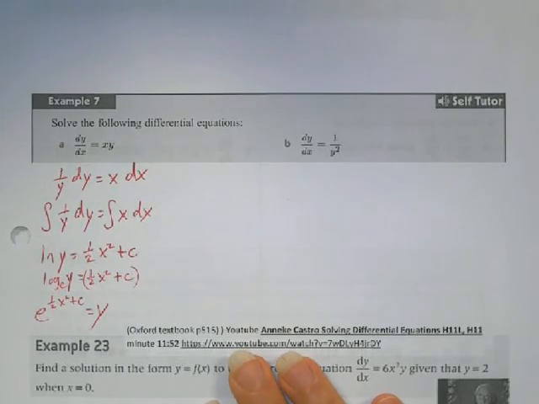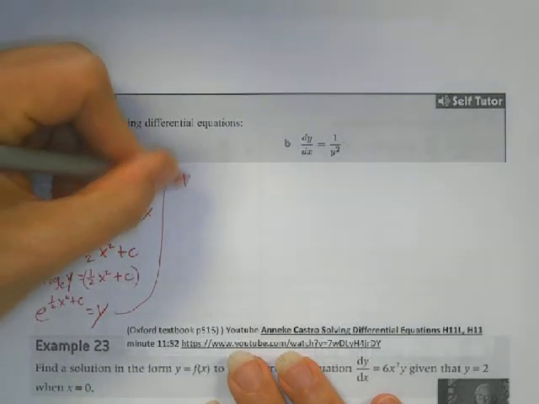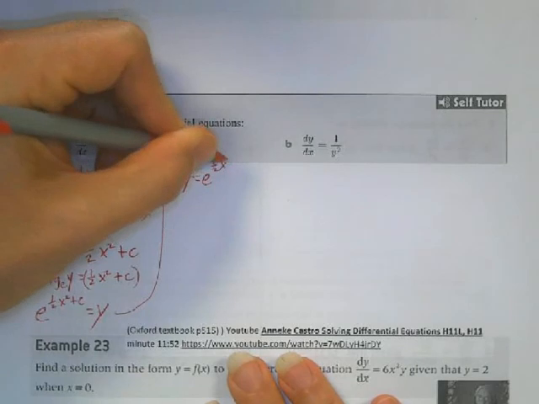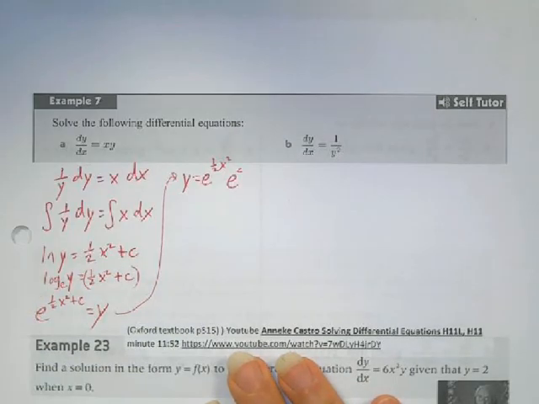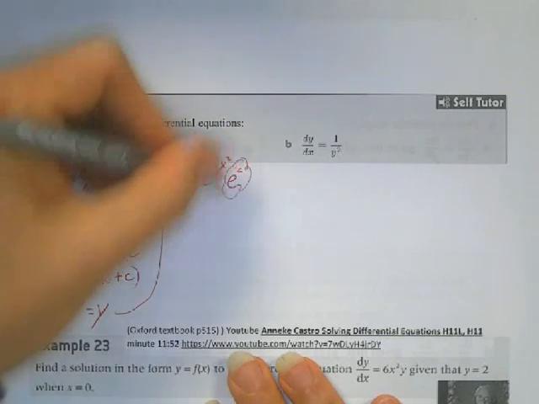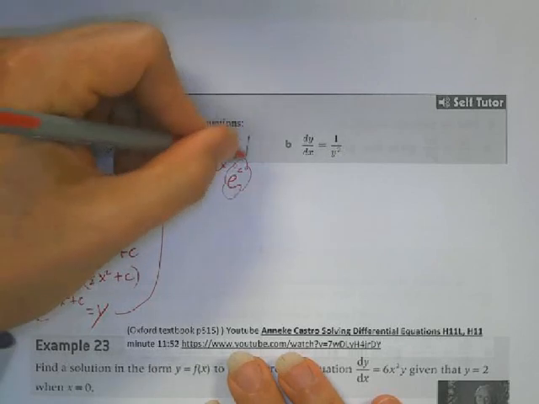Okay, and as we said before, we can say y equals e to the 1/2 x squared times e to the c. And once again, we can just replace this, because this is just a constant, with a.